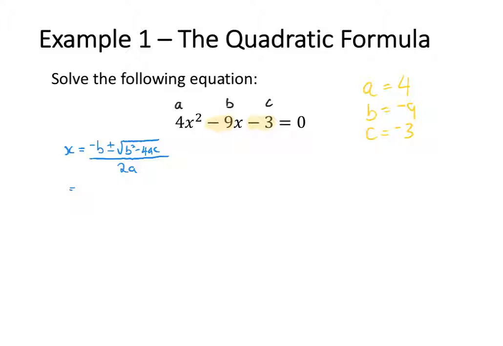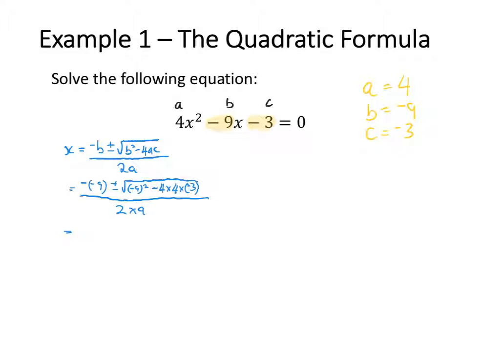So negative b is going to be negative, and then my b value of negative 9, plus or minus the square root of negative 9 squared minus 4 times my a value of 4 times negative 3. And I find it best to put my negatives into brackets to remind me that they are negative numbers. And then that is over 2 times a.